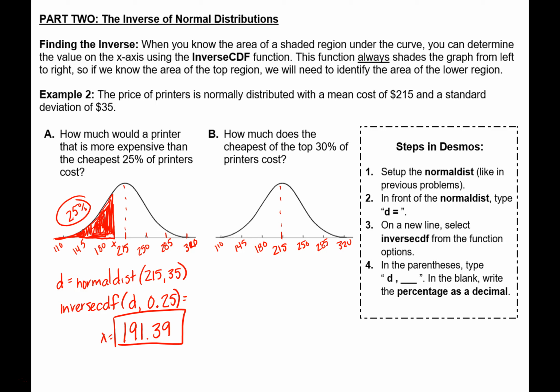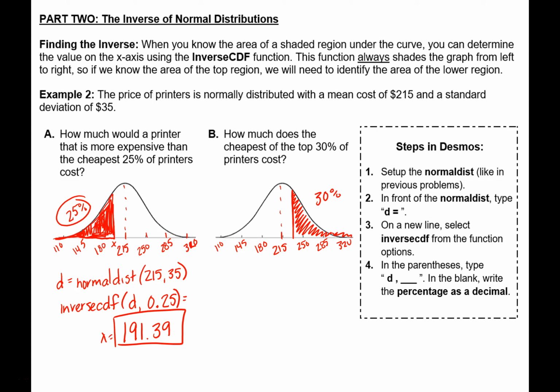Okay, so let's look at another one that has a slightly different situation. How much does the cheapest of the top 30% of printers cost? So I know based off of empirical rule, I'm going to be, again, somewhere in between the mean and one standard deviation. This is saying how much is that x value for this top percent, this 30% that I know.